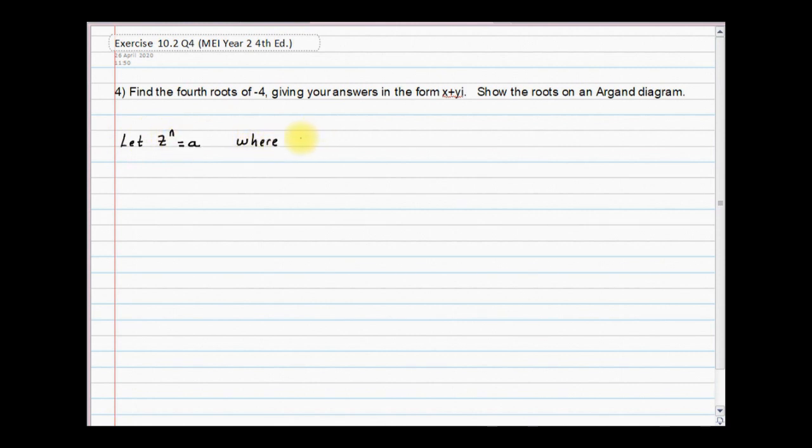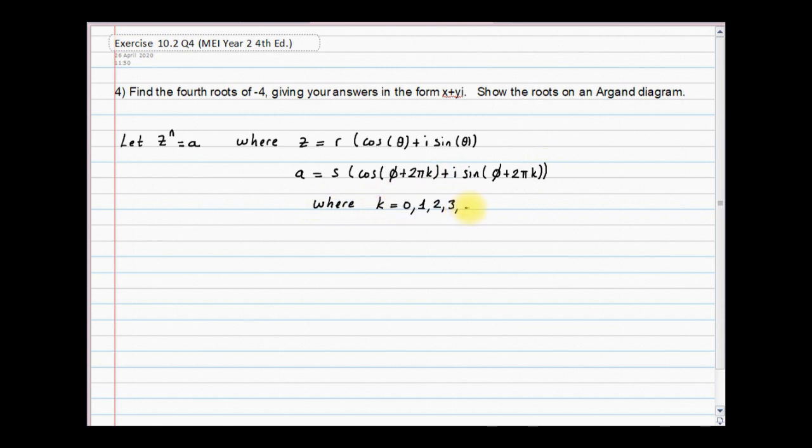where z equals r times (cos theta plus i sine theta), and a equals s times (cosine of (phi plus 2 pi k) plus i sine of (phi plus 2 pi k)), where k equals 0, 1, 2, 3 up to n minus 1.